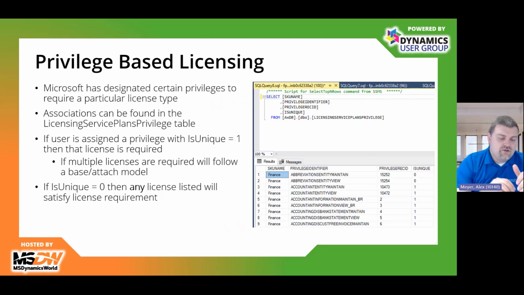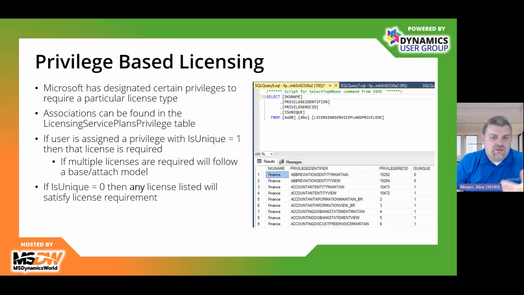So that user must be assigned a finance license based on the fact that they're assigned to that particular privilege. But if we are looking at, for example, the abbreviations entity maintain privilege on the first row there, that is unique of 0, which means that a finance license is one of the possible licenses that user could be assigned to meet the requirement.